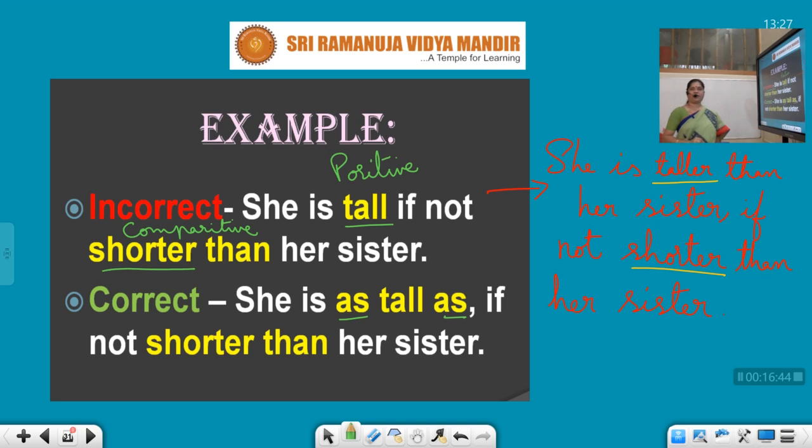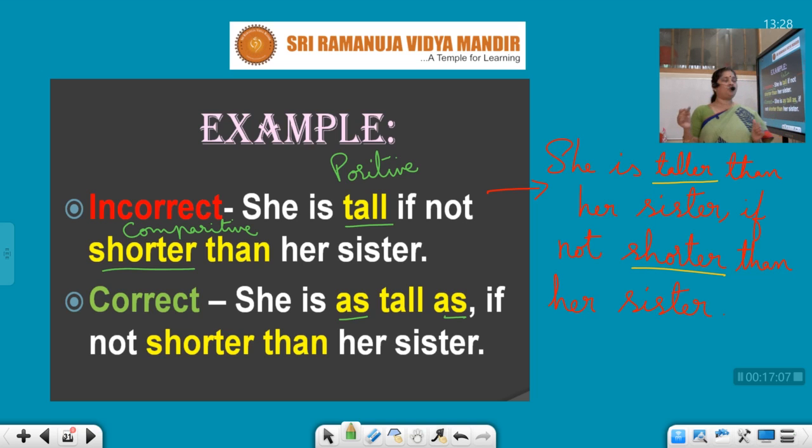That's a rule. Whenever I'm using positive, I have to put as in front and as after the adjective. Before and after the adjective, there will be as, or there will be so tall as, or as tall as. So this is a rule. When I'm using a comparative, after the adjective, I have to put than. When I'm using superlative, before the adjective, I have to put the.